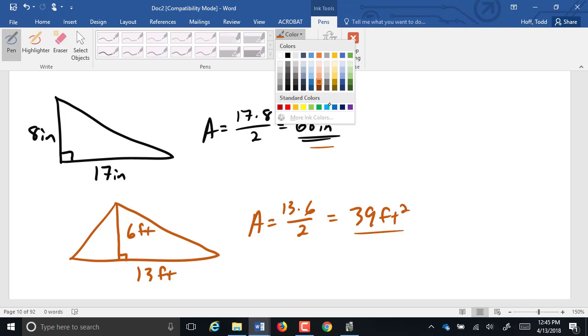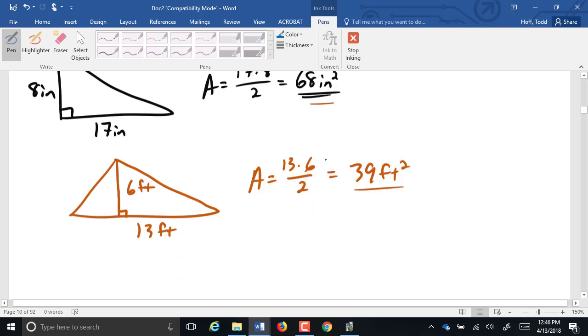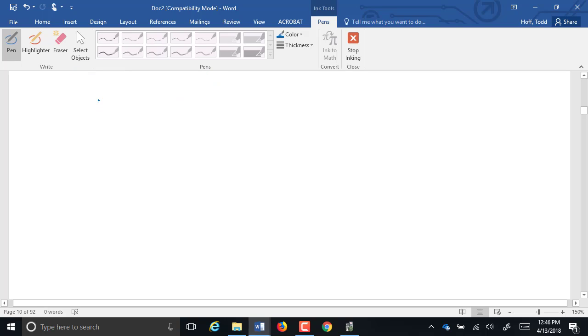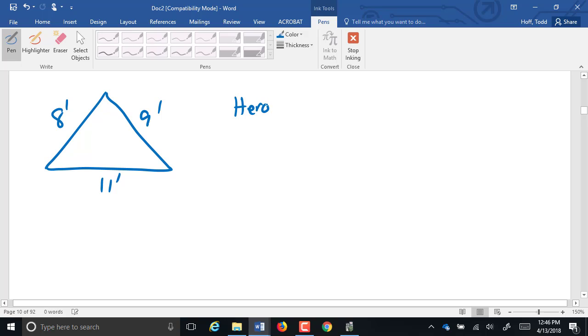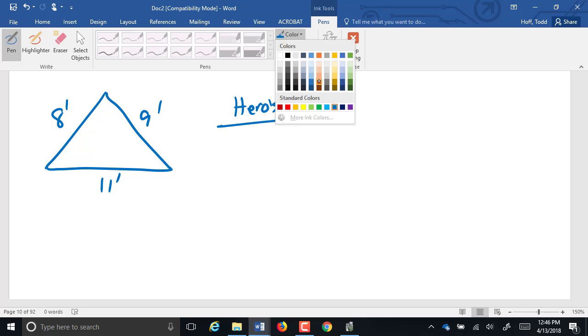The next generation of area of triangle was something like this. How did we find the area of that? That was Hero's formula. How did Hero's formula work?